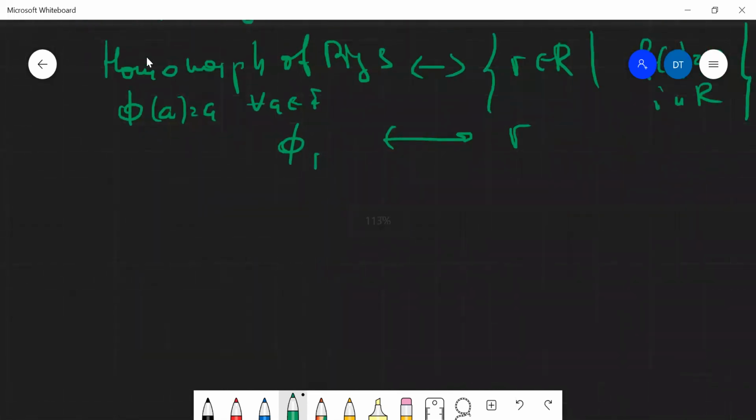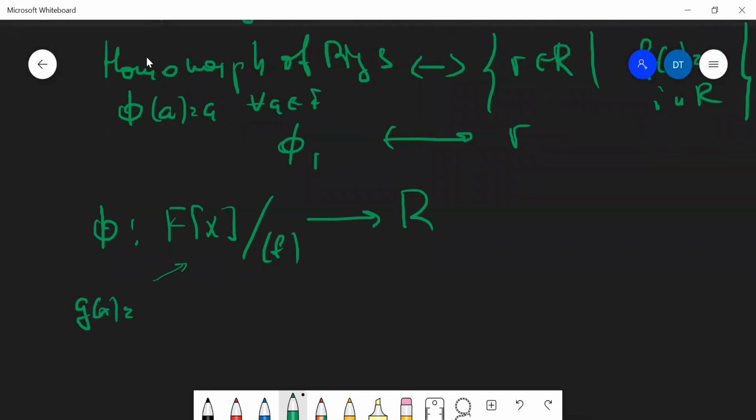Well, you see, suppose you have a homomorphism from this ring to some other ring. Then, if you take an arbitrary element here, g of x, it's of the form a0 plus a1x plus and so on, an minus 1 x to the n minus 1, where the degree of f is n.